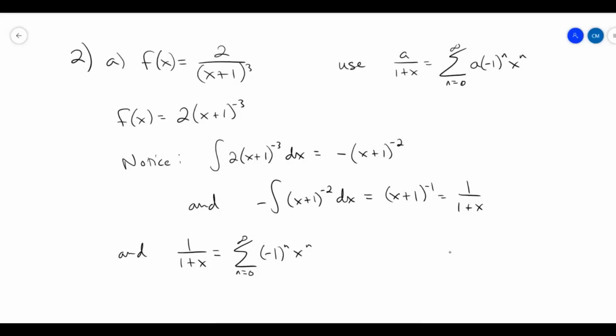So notice what this is. This is the power series representation of the integral, I guess, second integral? I don't know how you would say that. It's the power series representation of the function that we get after we integrate twice, right? We integrated 2 times and we got this function. And we found a power series for that, okay?